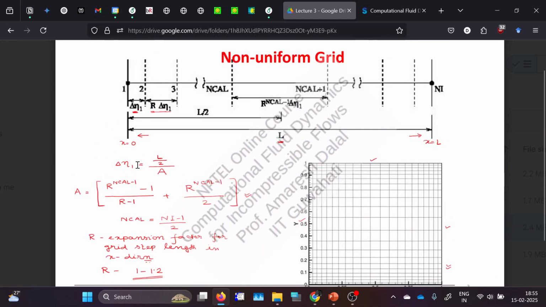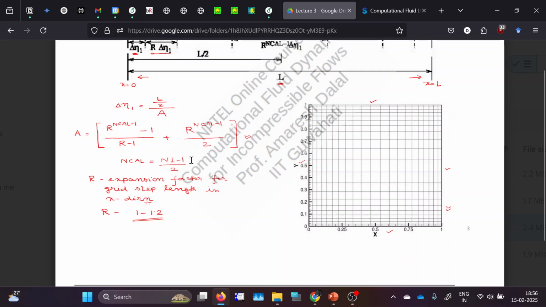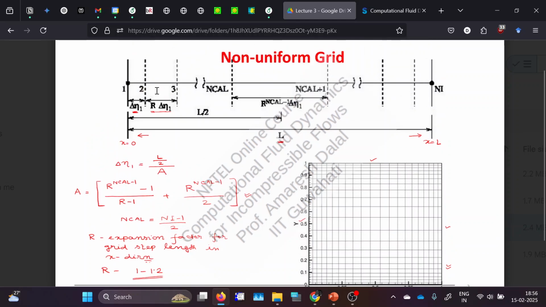We first define a delta eta 1, which is like delta x, and up to L by 2, we want it to expand.